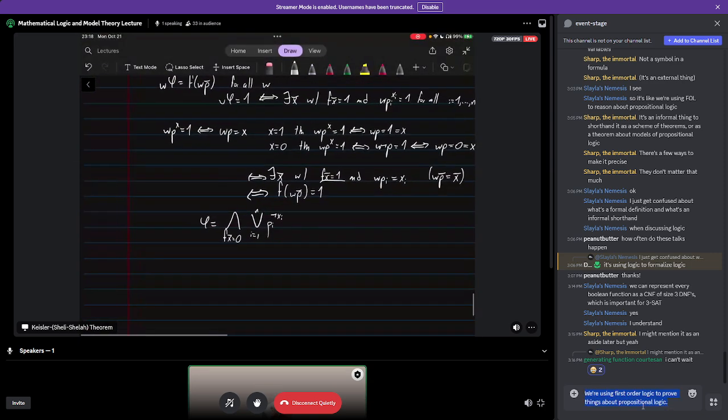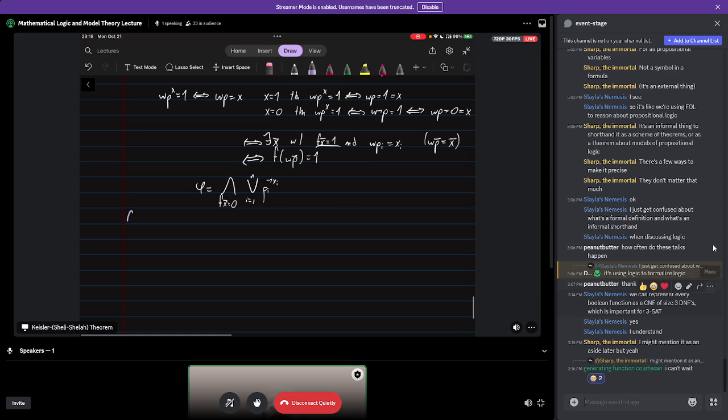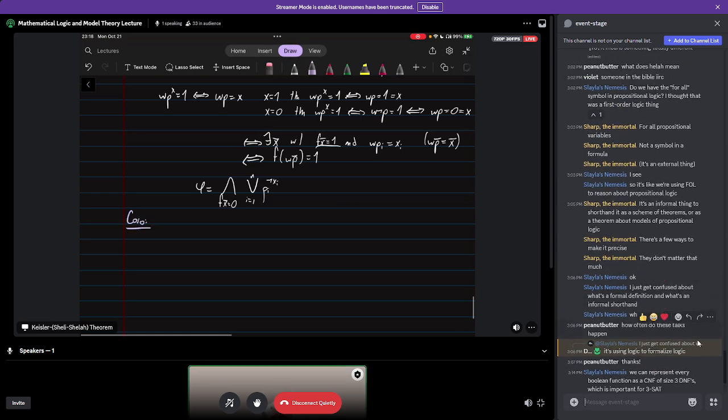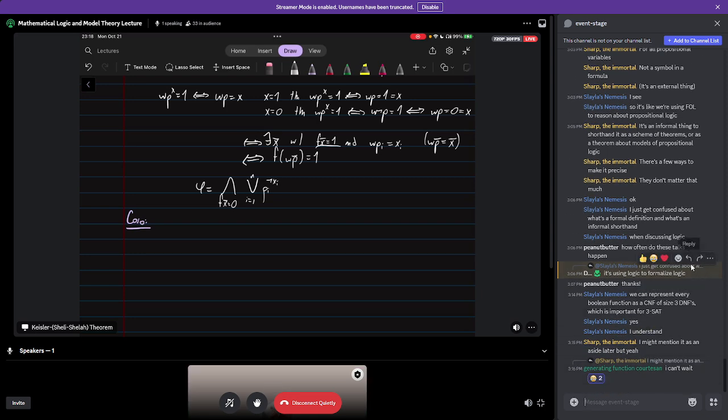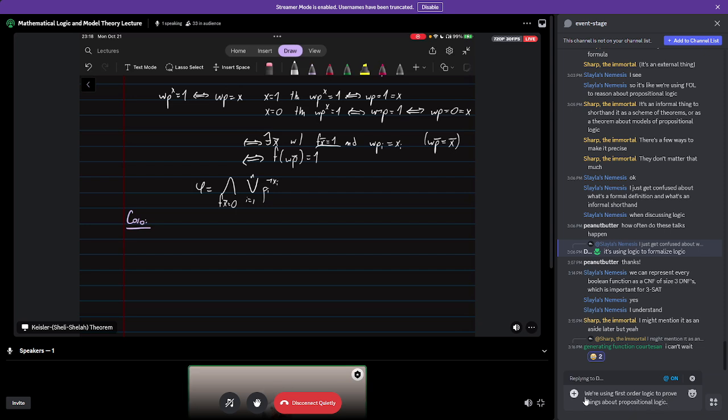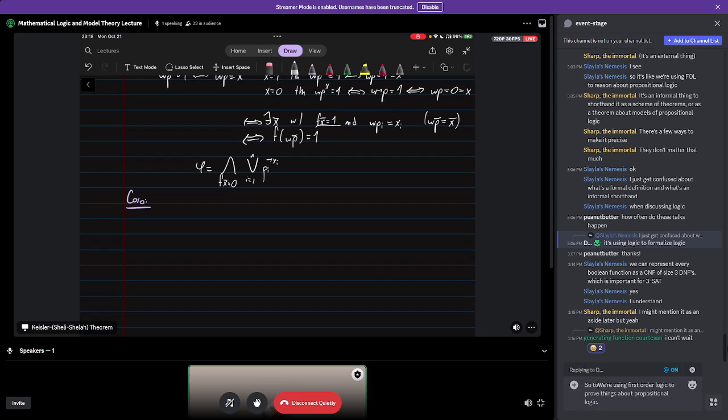Now an obvious thing that I glossed over is that two formulas represent the same Boolean function if and only if they are logically equivalent. So what this tells us is every formula phi is equivalent to a DNF and a CNF.